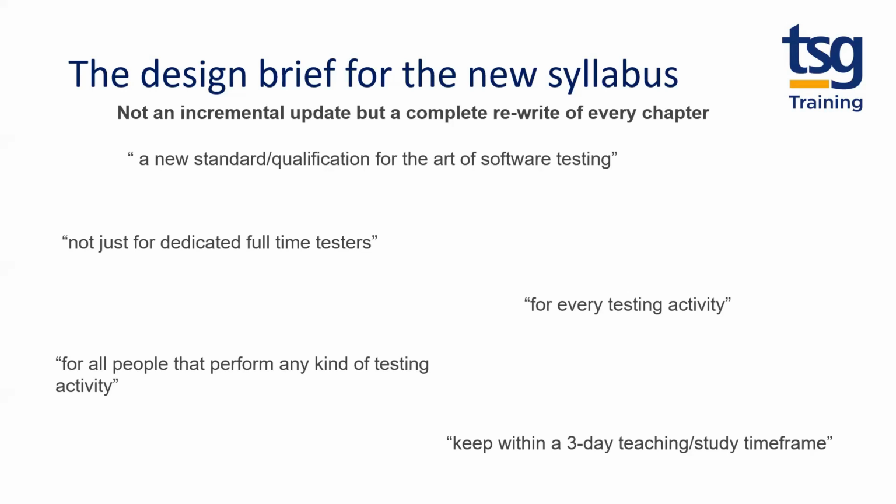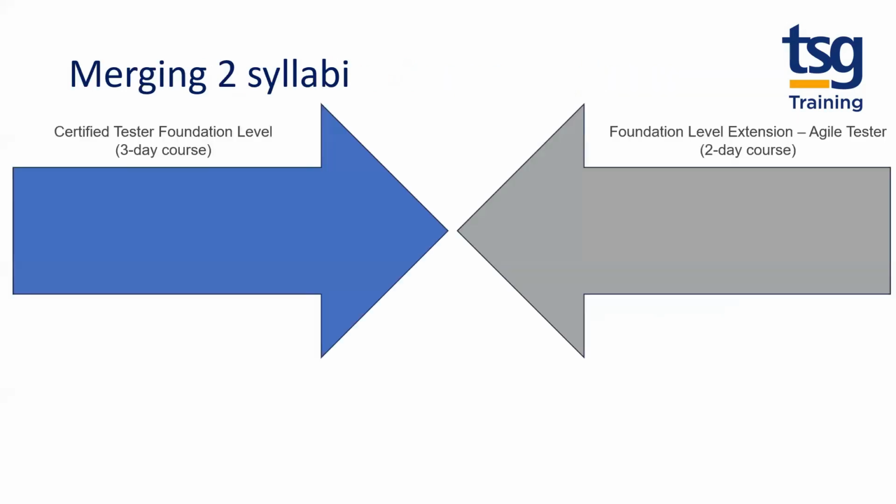And that's quite a challenge, because by aligning things with agile practice as well, this is merging together two separate syllabi. The existing Certified Tester Foundation course is a 3-day course, but the Agile extension is a 2-day course. So that's looking at 5 days' worth of current content and getting it into a 3-day course.